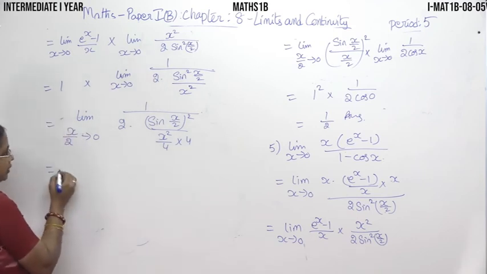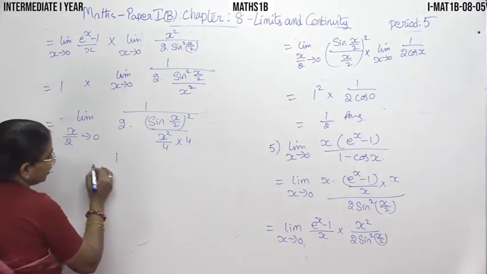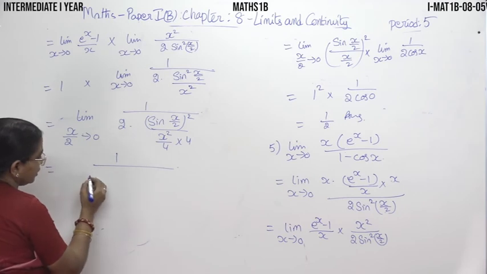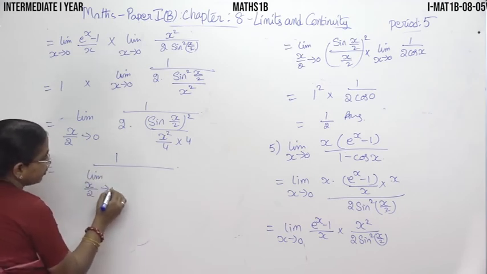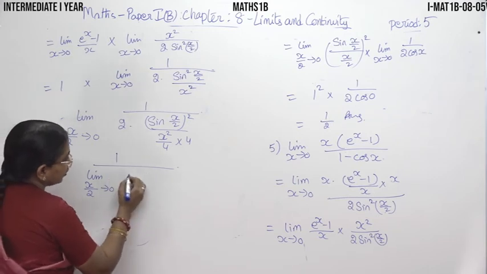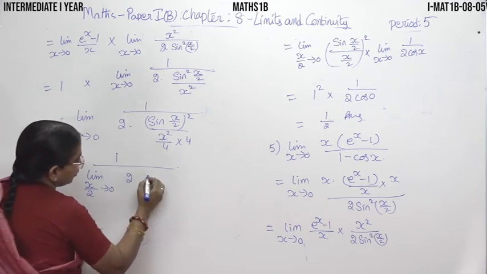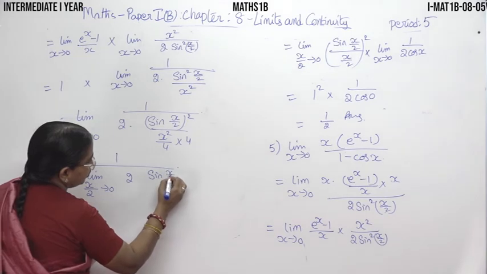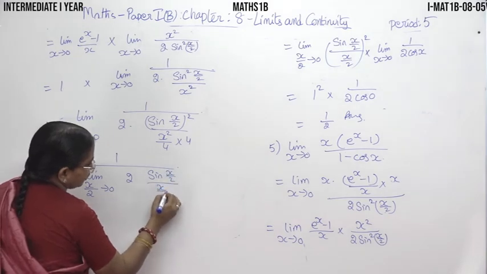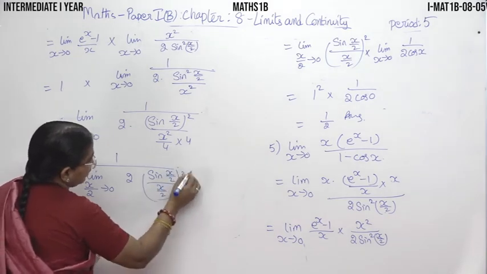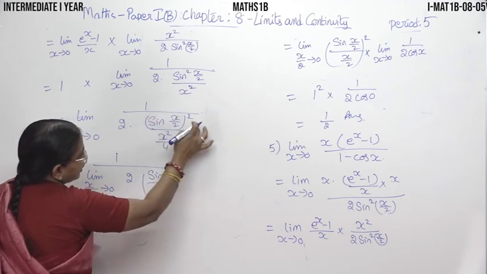So that it becomes 1 by, I can write this limit down here. Limit x by 2 tending to 0 of 1 by 2 into (sin x by 2 by x by 2) whole square, into 1 by 4.